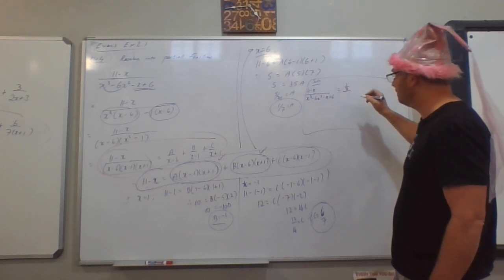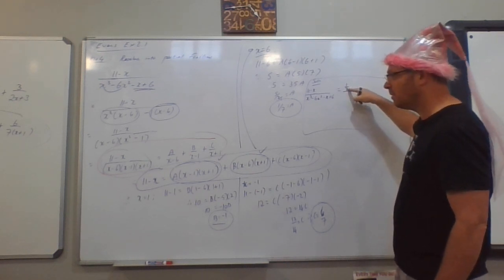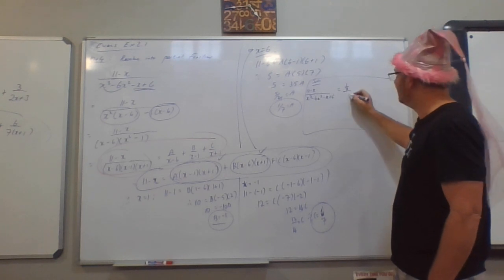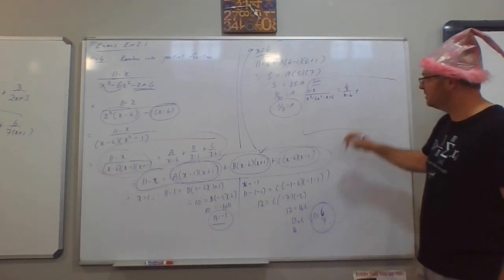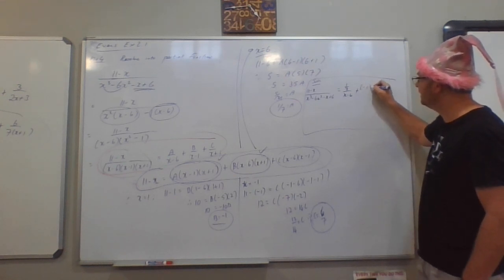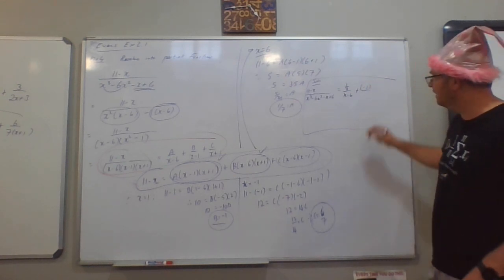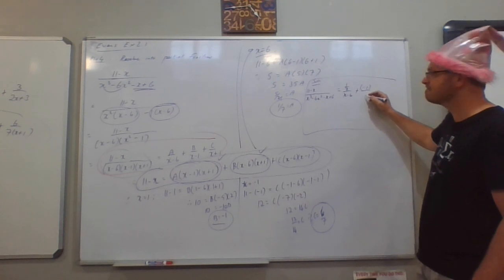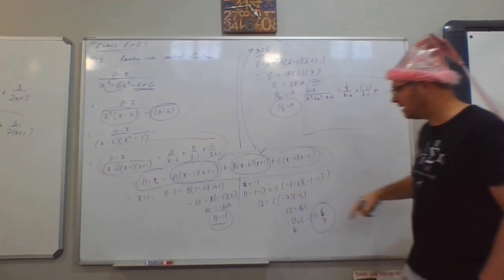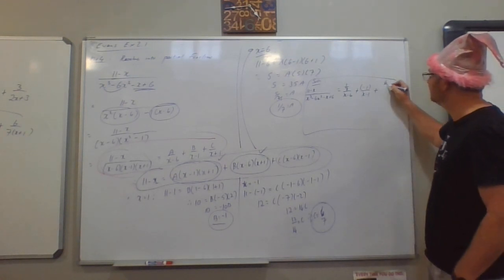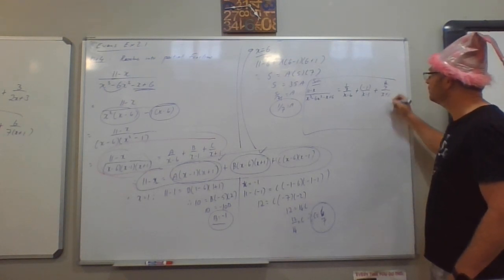I'll show you how you make it better. So a is 1 over 7 divided by x minus 6, plus b, which is negative 1, so it's going to be plus negative 1 over x minus 1, plus c over x plus 1, and c is 6 over 7 divided by x plus 1.